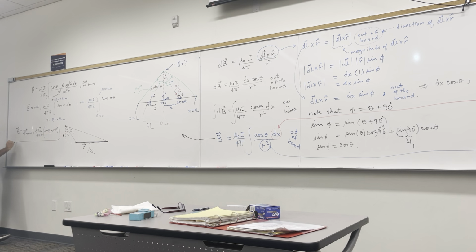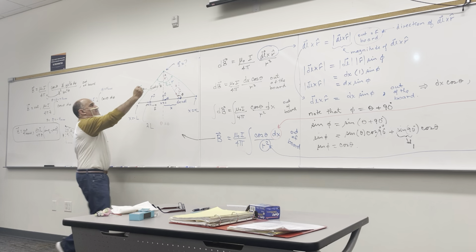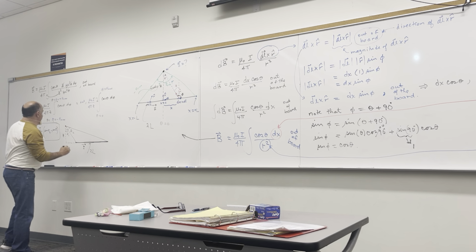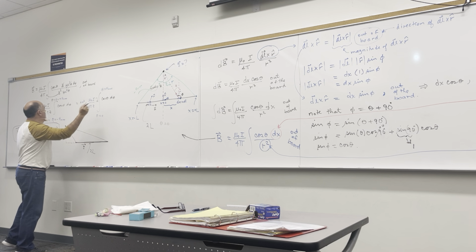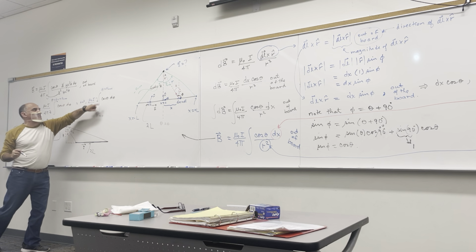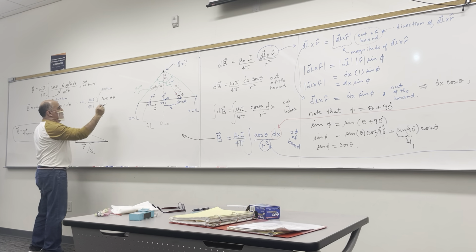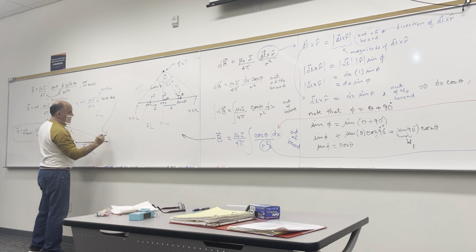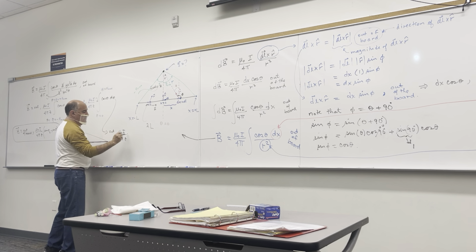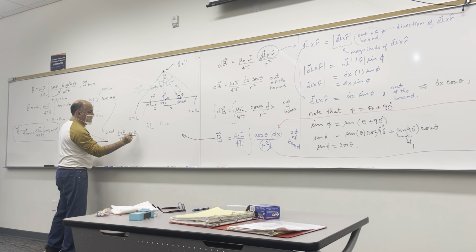That would be a more general expression. Now, specifically to this problem, with this point being above the midpoint, then I can either put minus theta max or plus theta max, or from 0 to theta max, and it's easier to do it like this. This would be out of the board, and it would be mu naught I over 2 pi z, and that would be the sine of theta max.